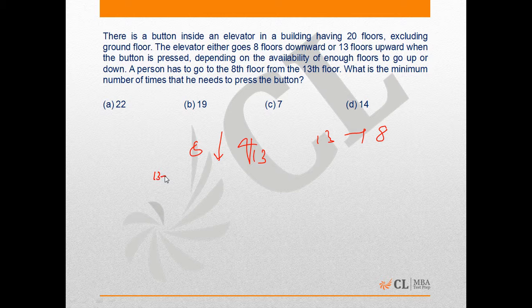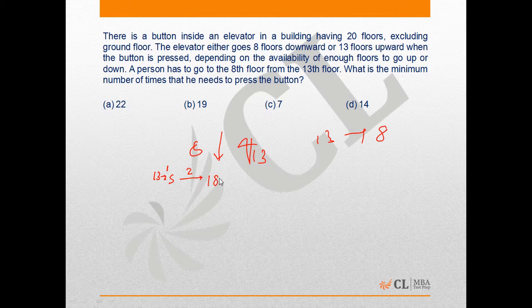At present the person is at the 13th floor, and if he presses the button he'll go 8 floors downward because there aren't 13 floors available for going upward. So after the first press he'll be at the 5th floor, and when he presses the second time he'll go 13 floors upward.